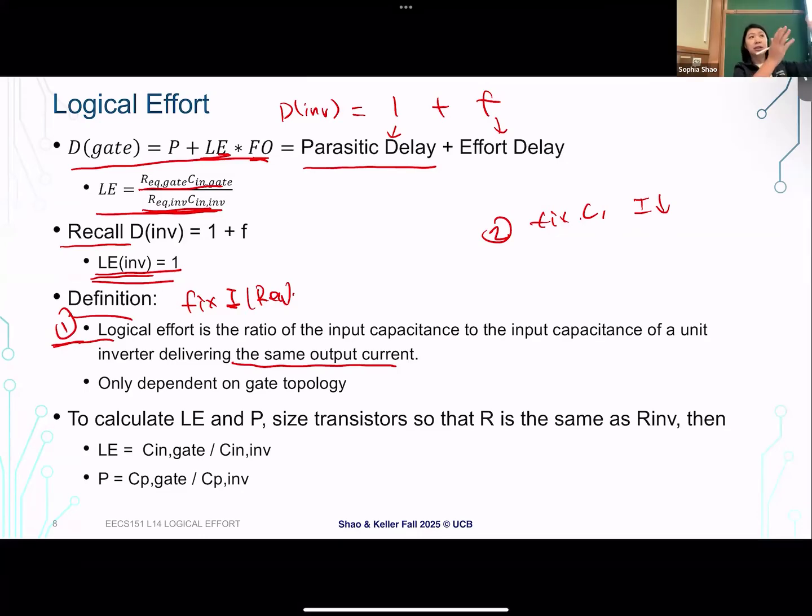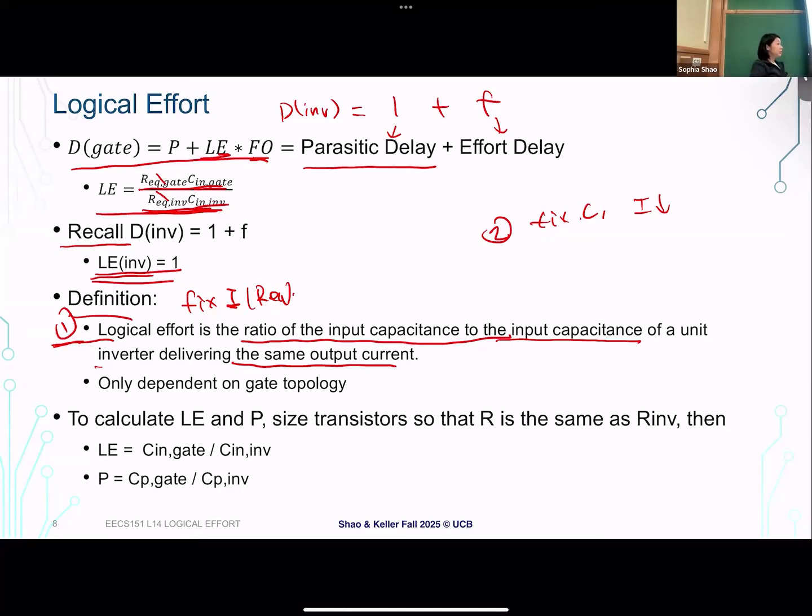My resistance, if I don't control it, will grow larger. But now I need to deliver the same current, right? We need to size the transistors to make my resistance go smaller, and we need to see the ratio again. So we fix this, we want to see the ratio of my input capacitance. And that gives us an idea of how much more effort, how much bigger my transistor needs to be to deliver the same current. Does that make sense? The intention of this effort is that we want to get to the same current, right?